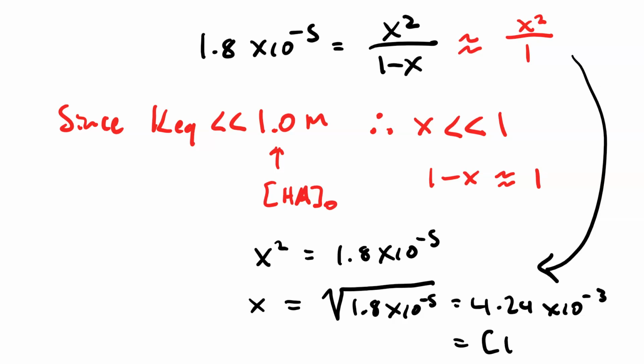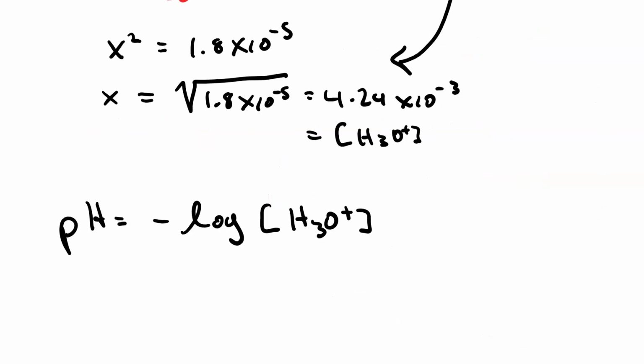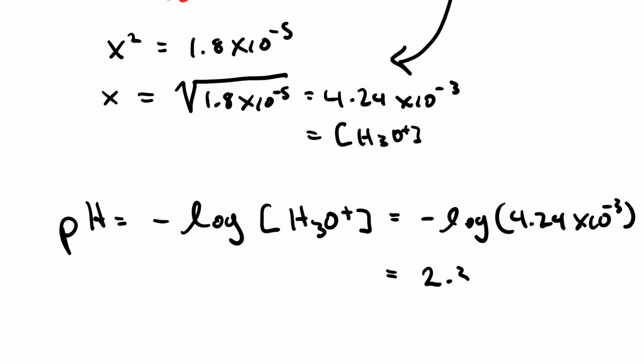And that's equal to the hydronium ion concentration. pH is equal to the negative log of the hydronium ion concentration, so that's the negative log of 4.24 times 10 to the negative third, which gives us 2.37. 2 sig figs.